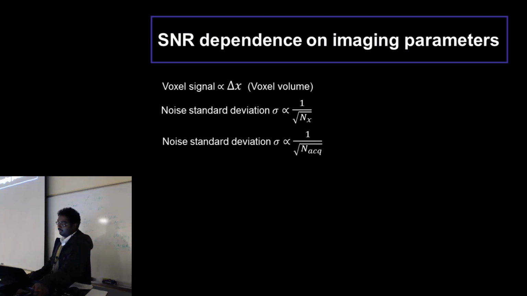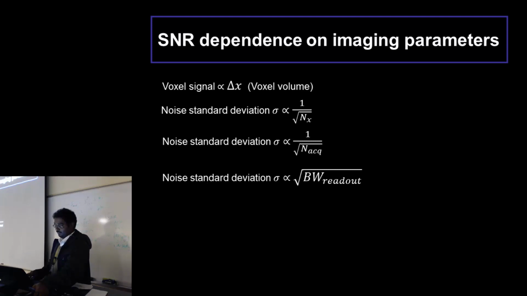We also saw that if you do the averaging, then noise is reduced by square root of n, and noise is proportional to the square root of bandwidth, or this is standard deviation.